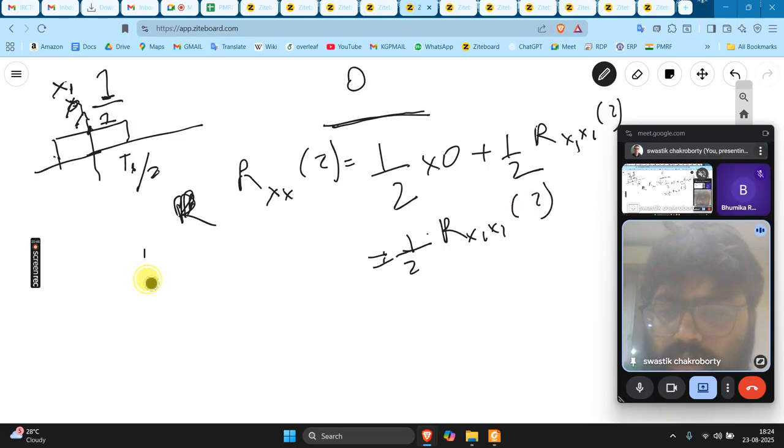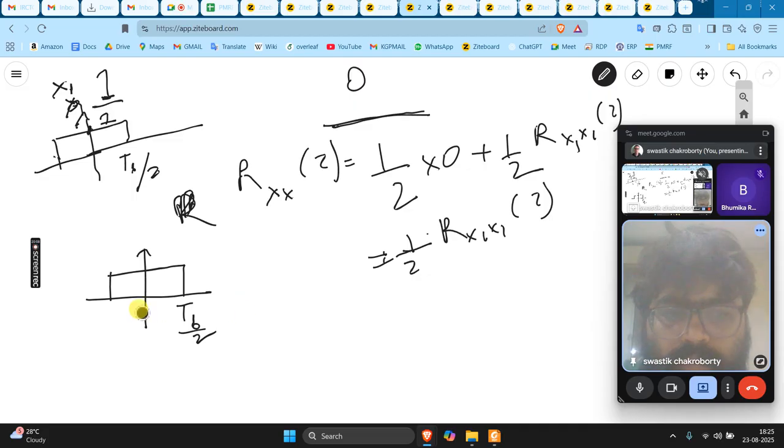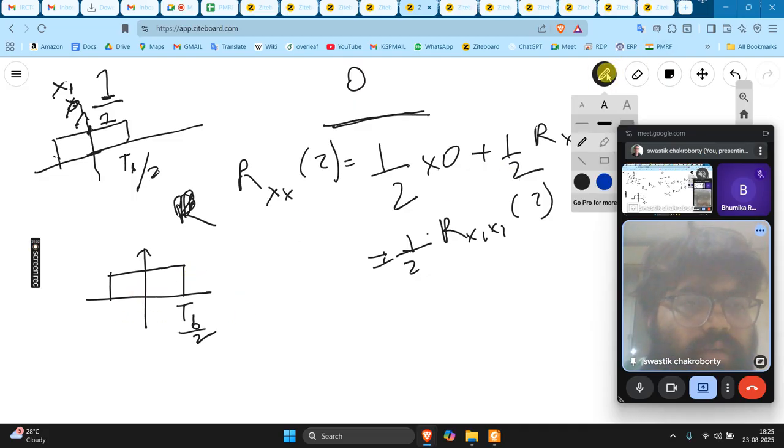Now to find this autocorrelation, you take two copies of the signal. One signal is held constant, another you shift.